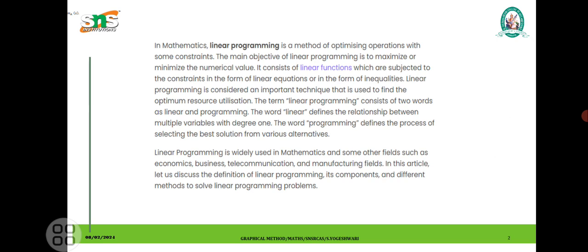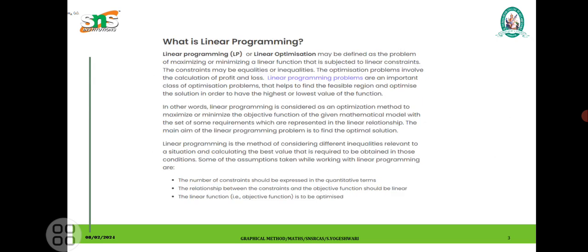Linear programming is widely used in mathematics and other fields such as economics, business, telecommunication, and manufacturing. In this article, let us discuss the definition of linear programming, its components, and different methods to solve linear programming problems.